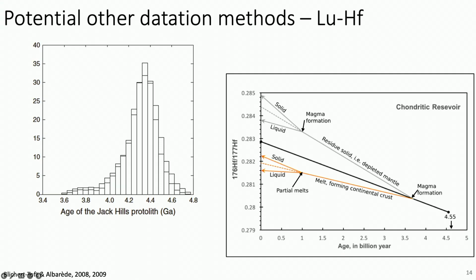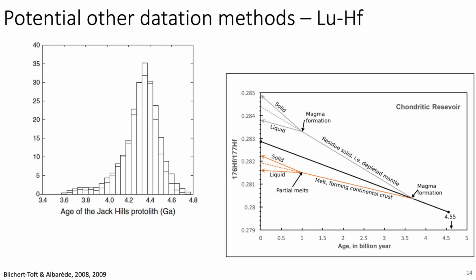I told you that there was a way to identify the onset of any process that involved hafnium. So that's here the Earth trend in that graph, the hafnium ratios as a function of time. If the first magma formed here, we will have this signature, and then a rock will have to plot here. And each time there is a departure, and we have some spreading, we know that there's another event that happened.